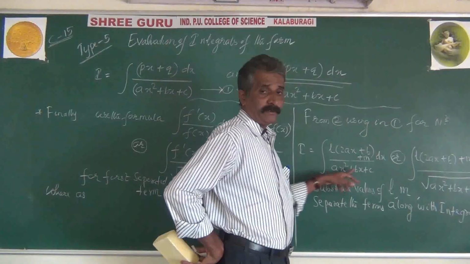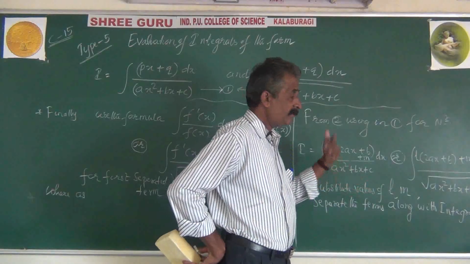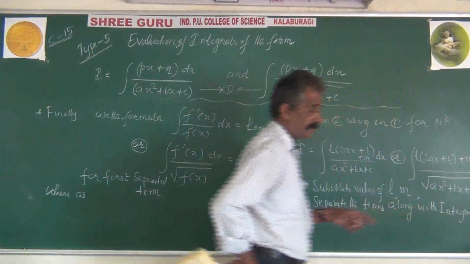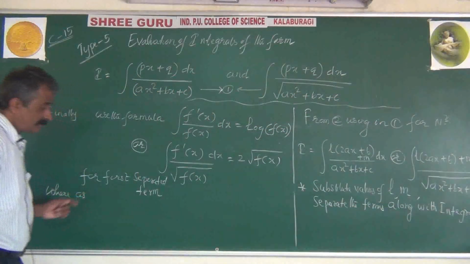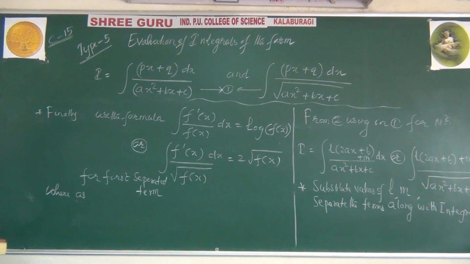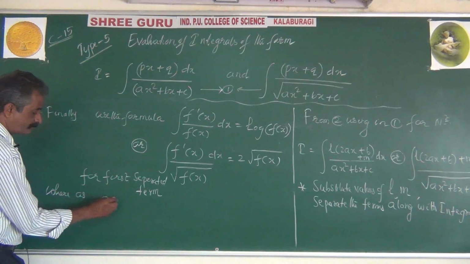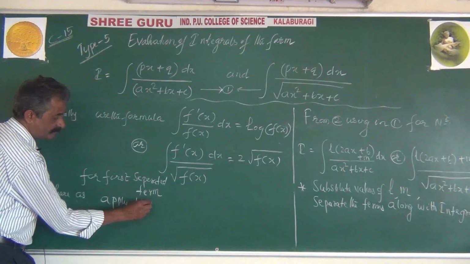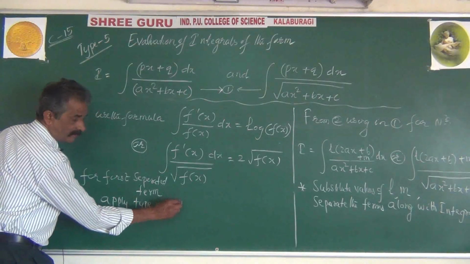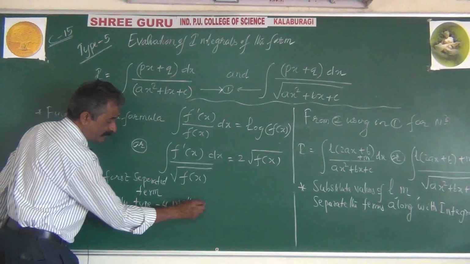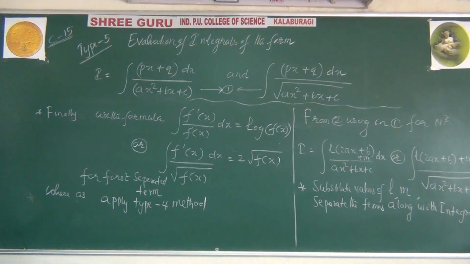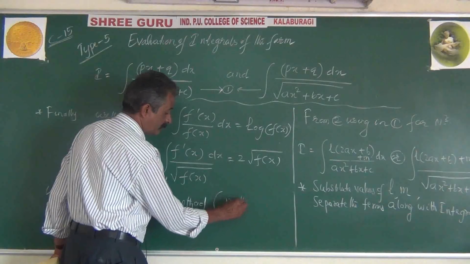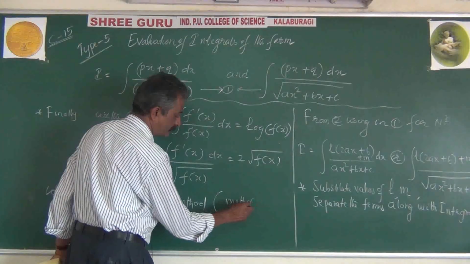M divided by ax square plus bx plus c, or m divided by root of ax square plus bx plus c. For the second separated term, apply the type 4 method. What is the type 4 method? The method of completion of square.